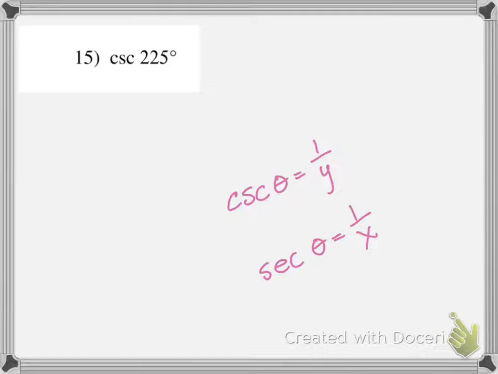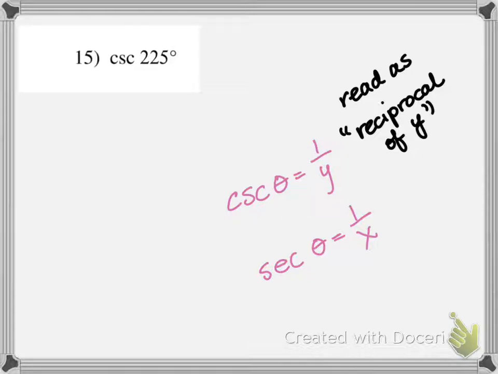I want you to read as, so on your paper write this, read as reciprocal of y, and I want you to read this one as reciprocal of x, okay? So I want you to read it again, not cosecant theta equals 1 over y. I want you to say cosecant theta equals the reciprocal of y. Secant theta equals the reciprocal of x. That's how I want you to read those 2 formulas.